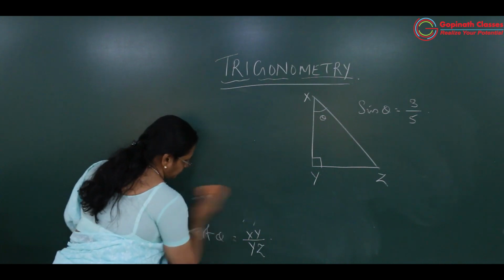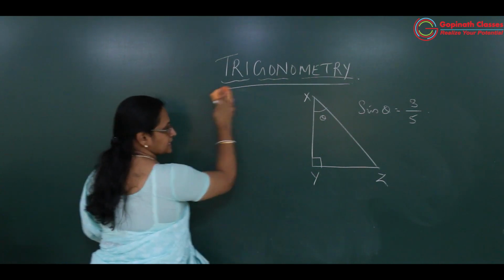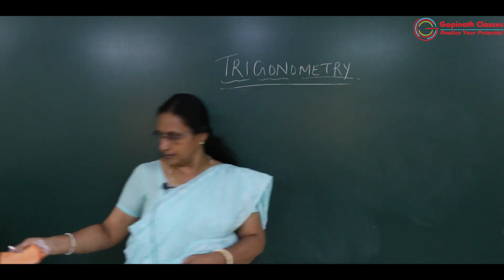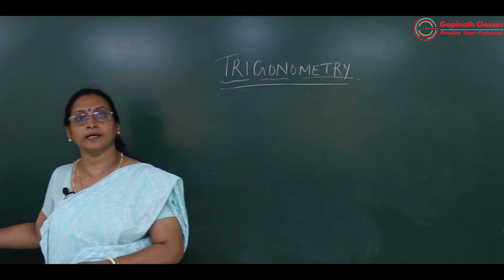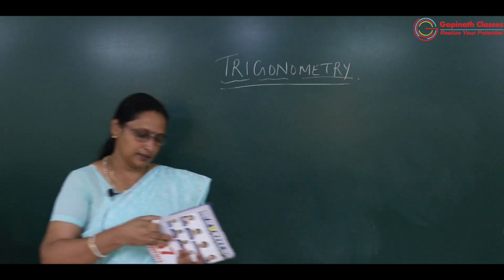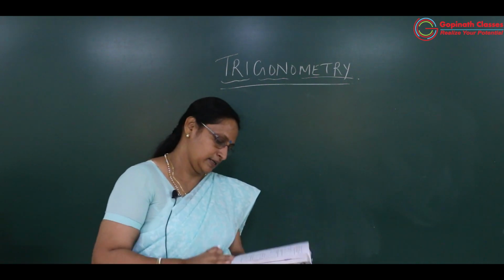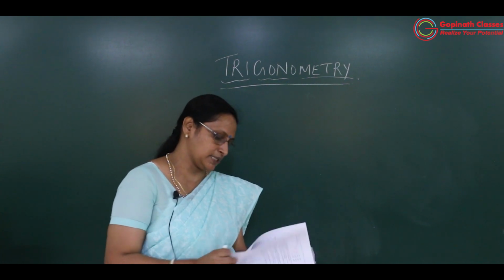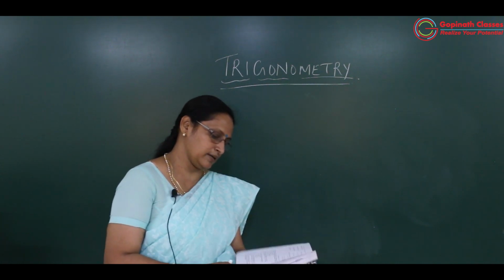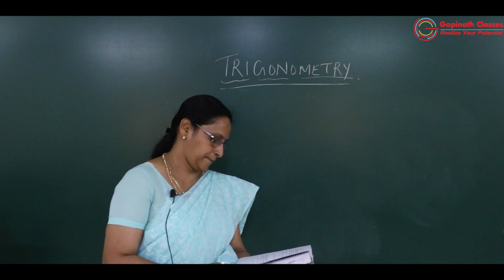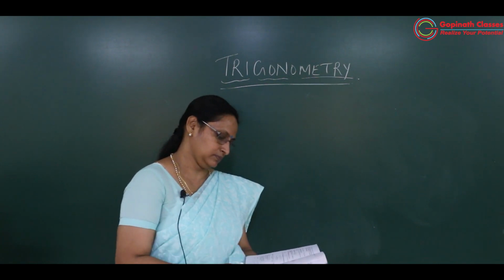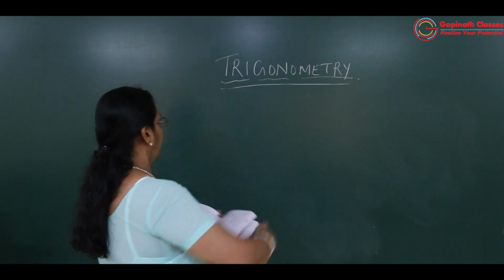So now let's come to the exercise, first exercise in NCERT textbook of this lesson. And whenever I am proceeding with the chapter, I will be explaining more. So first concept is basic trigonometric ratios. First exercise 8.1.